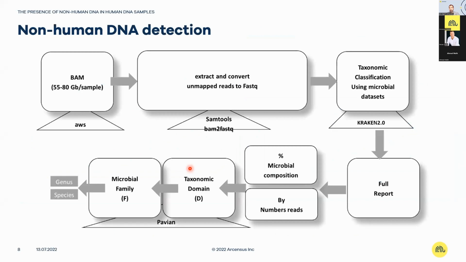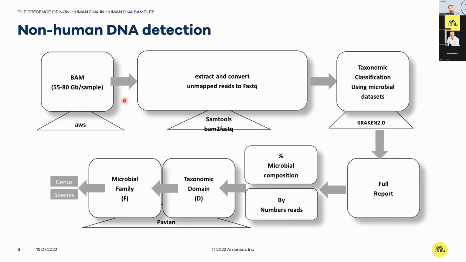So to be able to identify then what are these reads that are non-human, to do so, we took the raw data or the BAM files, so the data that has been aligned to the human reference genome. And once this BAM file is created, each read that is aligned will receive a flag. If the DNA is not aligning to the human reference genome, it will get a flag that it's not aligning to the human reference genome.